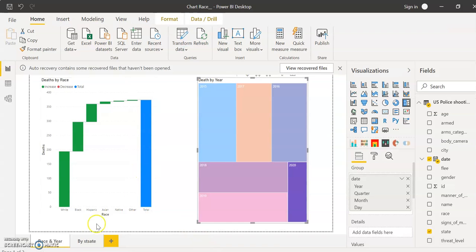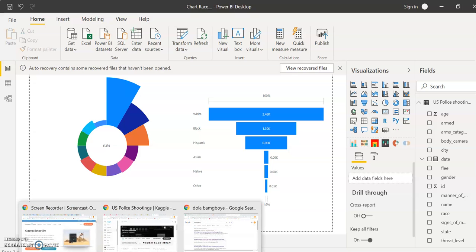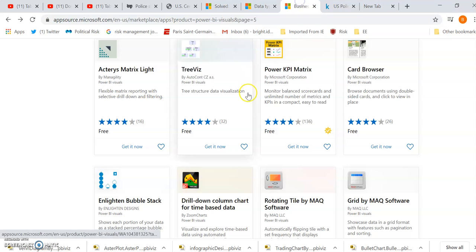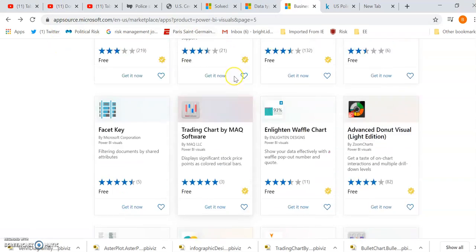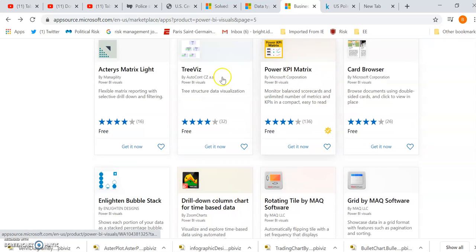So I also did by state here, just to demonstrate that I have also imported extra graphics, just like you mentioned in your video. How I did that was I went straight to the Microsoft App Store and downloaded different formats.